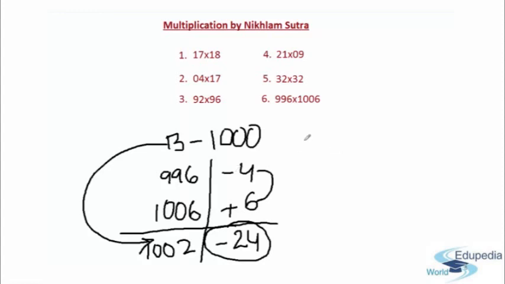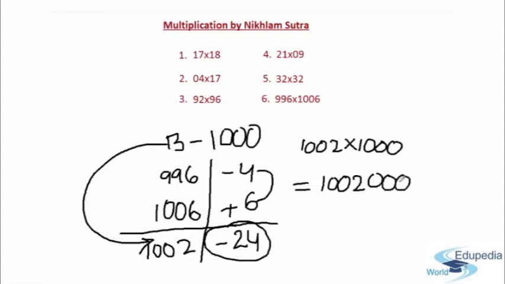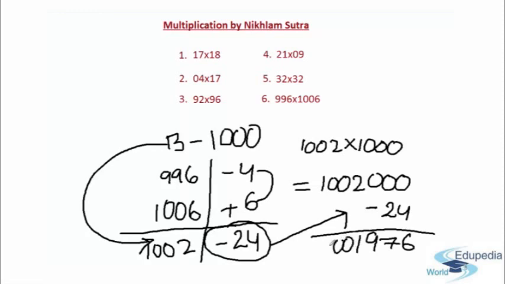Now if you multiply 1002 into 1000, you will get 1002 and write the rest of the 3 zeros here, and you just subtract 24 from these numbers. You subtract, you will get here 1, 0, 0, 1, 9, 7, 6.